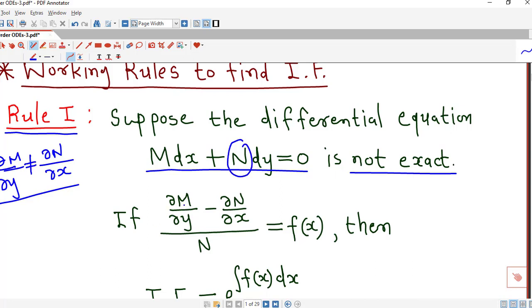So if we find this difference divided by N, and whatever we find, that quantity is a function of x only.